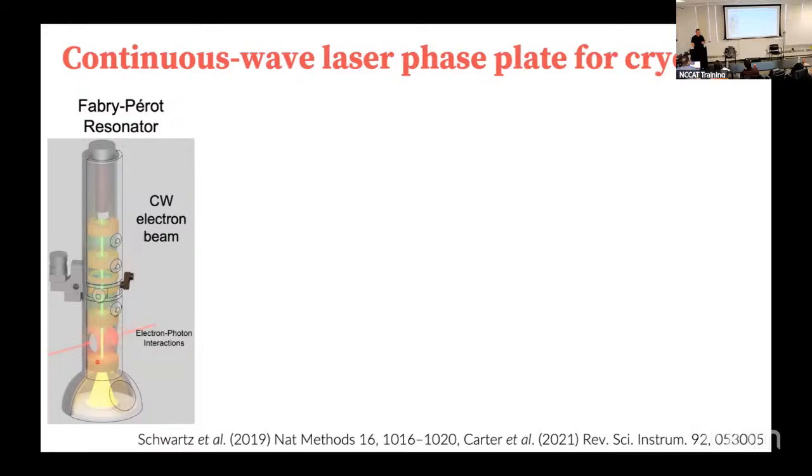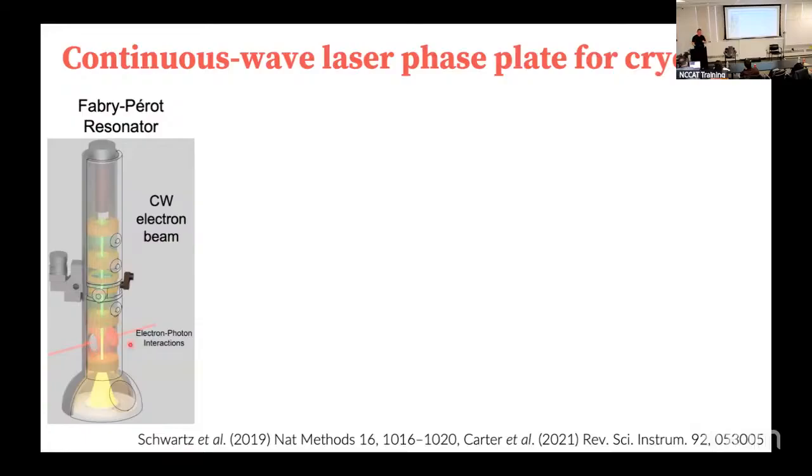The resonator is just a device where you are putting physically into the column a small metal box which contains two mirrors, and those two mirrors allow you to bounce a laser beam back and forth at very high frequency inside the cavity.